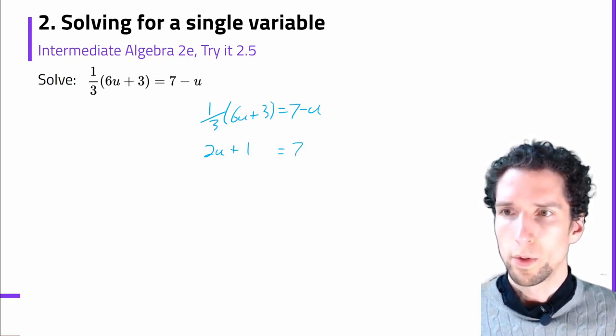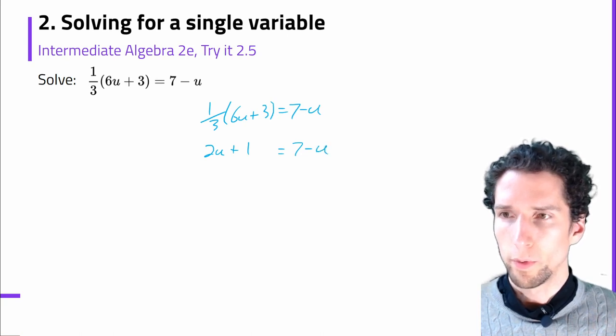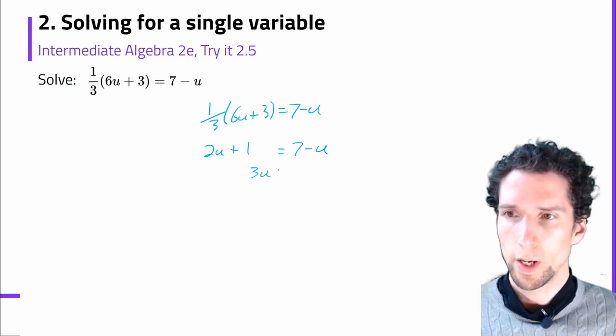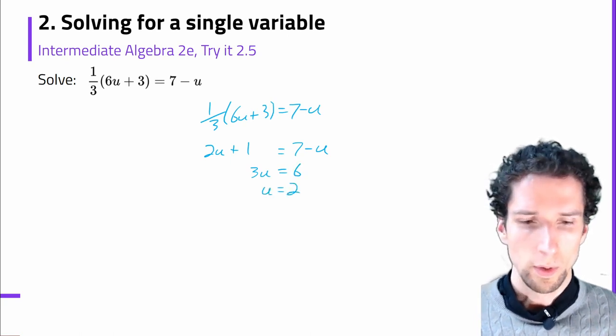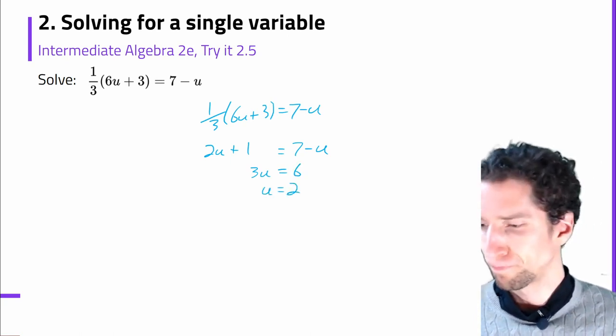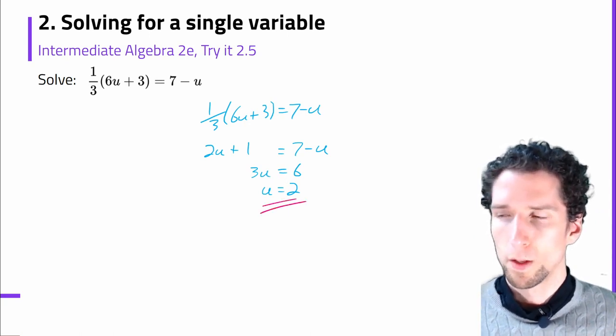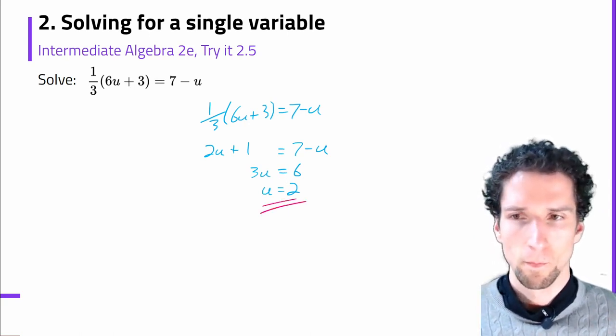And that is equal to 7 minus u. If I move the u's over to the left here, that will give me 3u. And I move the constant over to the right, that will give me 7 minus 1, 6. And u equals 2. So there's our answer there.